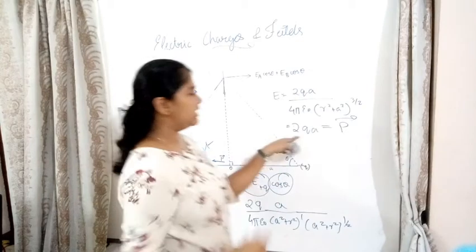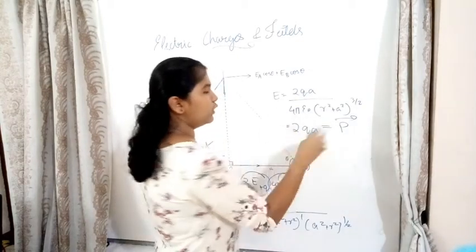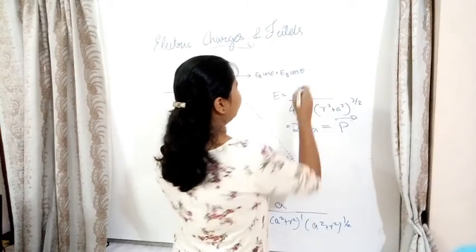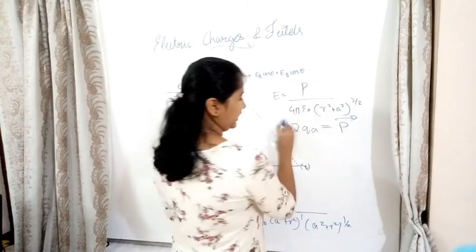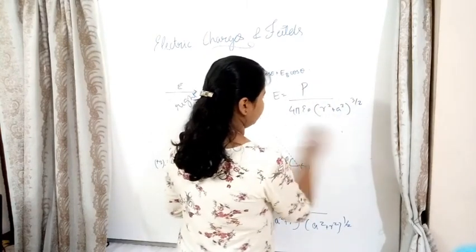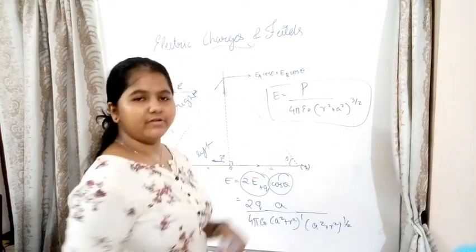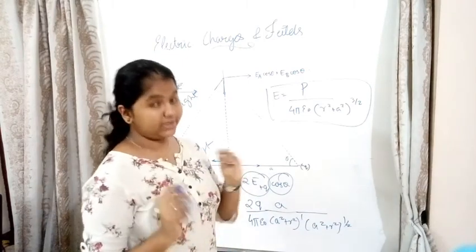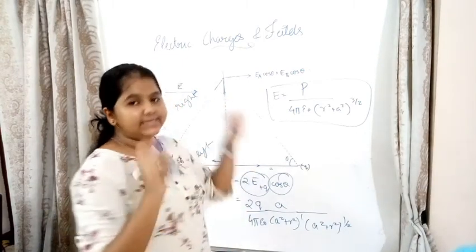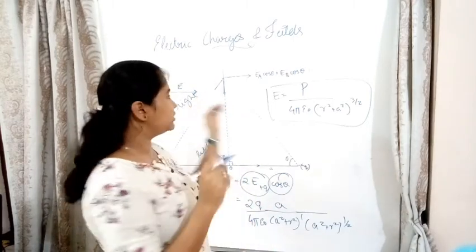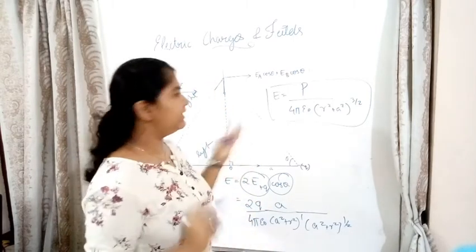So we know that 2QA is the dipole moment, so we'll write P here. So this is our equation for the electric field intensity at a point on the equatorial line of an electric dipole.